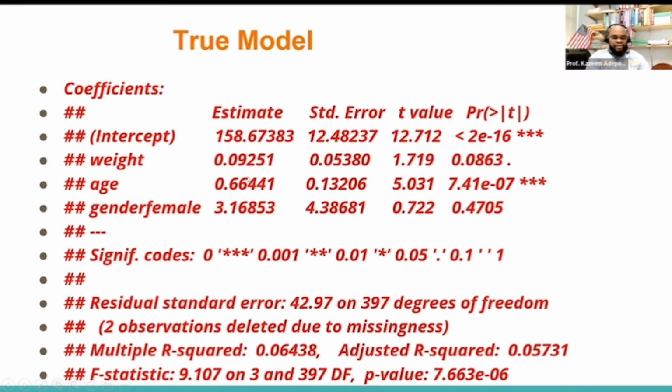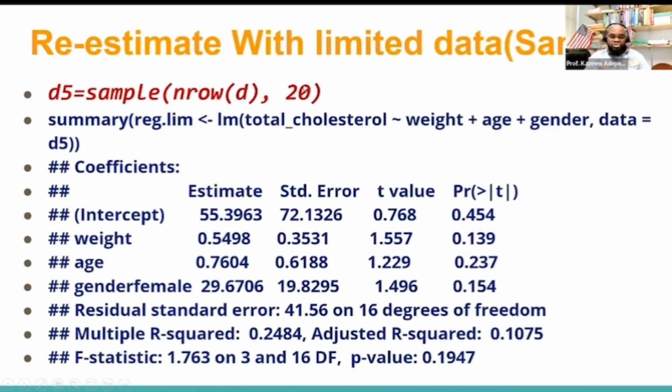If I decide not to use that and I use 20, I call that D5, and that very 20 was sampled from the 401 that I mentioned the other time. And I conduct another multiple linear regression based on the sample now. As you can see, I got a different result. The age initially was significant, right?